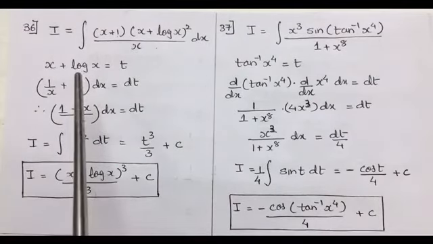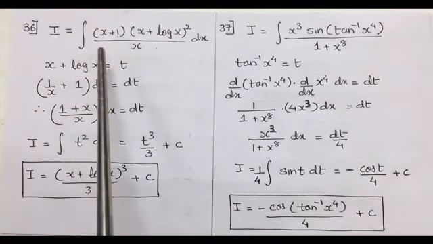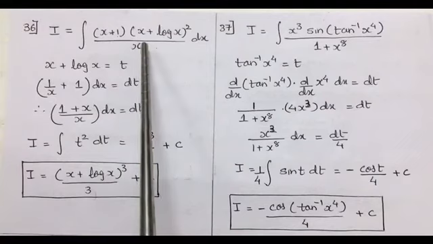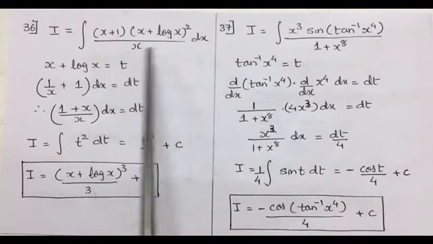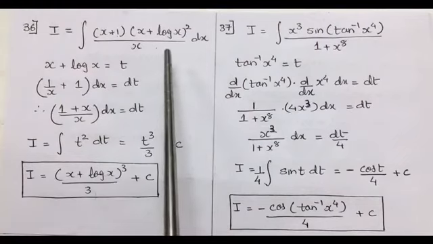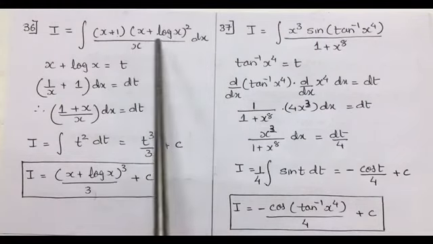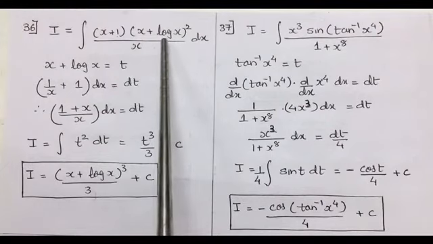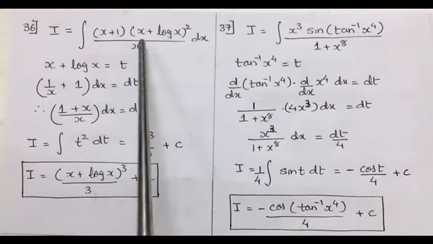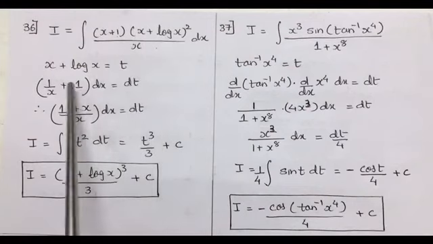I is equal to integration (x plus 1)(x plus log x) whole square divided by x dx. Now as we know, the integration of log x as a standard integration is not there, so the bracket x plus log x we will assume as t.